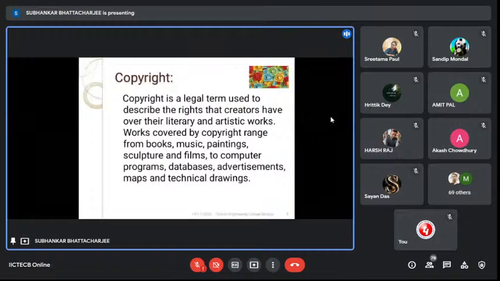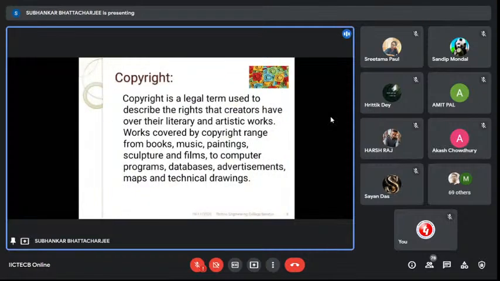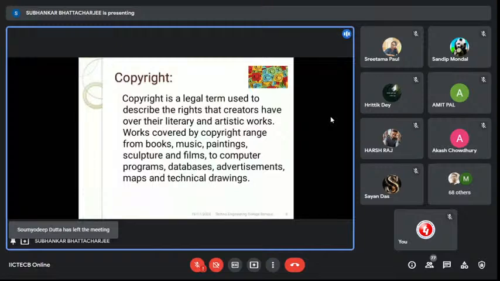Copyright is the legal term used to describe the rights that creators have over their literary and artistic works. We can copyright our paintings, music, books, films, databases, programs, any computer programming. What is the benefit of copyright? The benefit is that no one can steal your idea, your paintings, your music. That means this is yours, only yours.